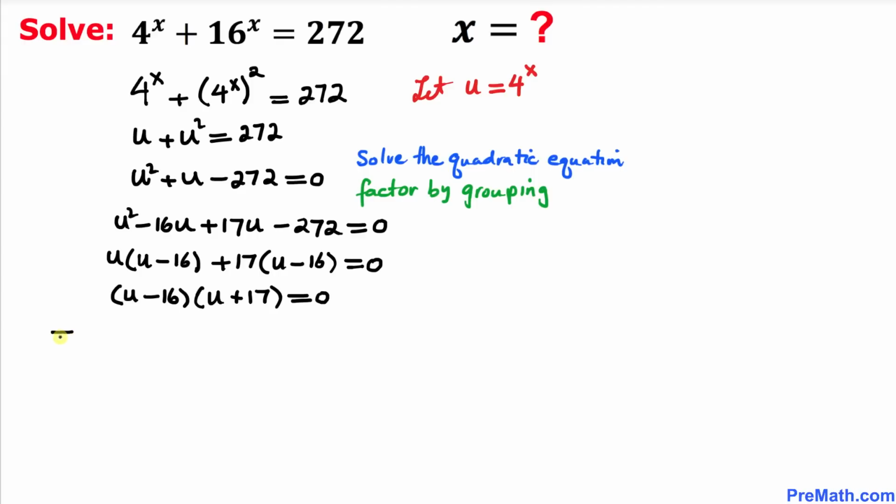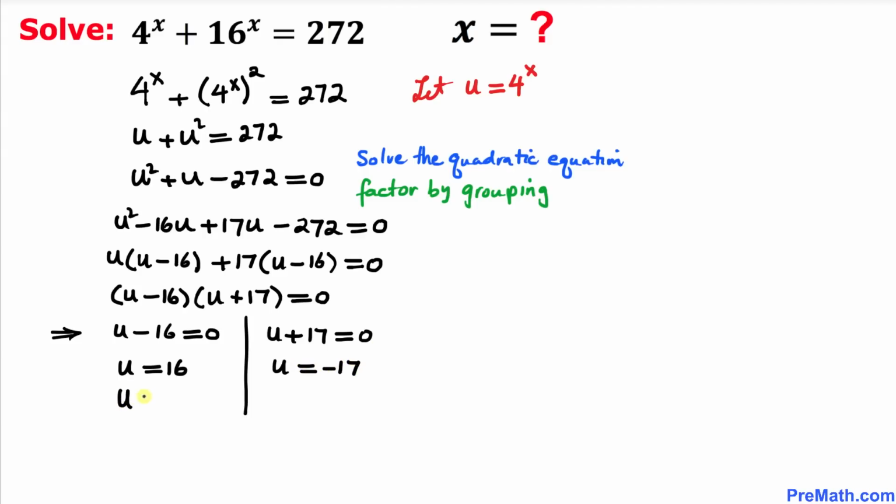So I can write u minus 16 equal to 0, and the other one is u plus 17 equal to 0. That means u turns out to be positive 16, and on this side u turns out to be negative 17. And now u could also be written as 4 square.